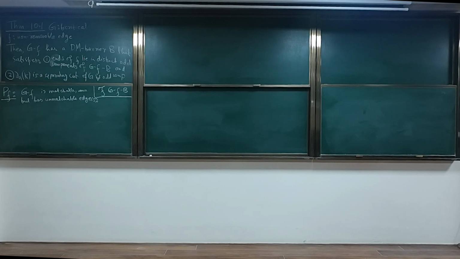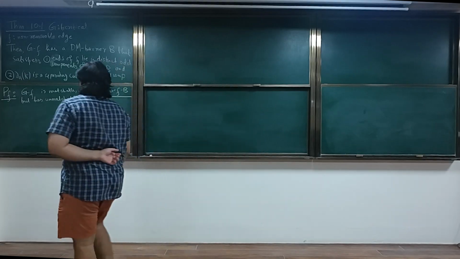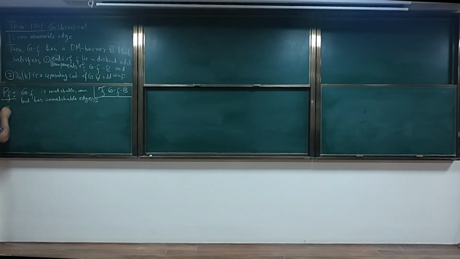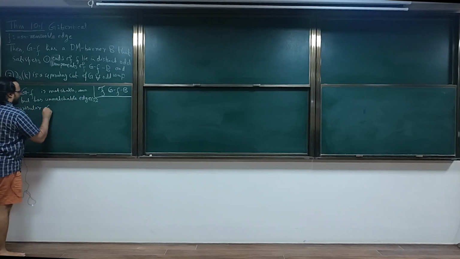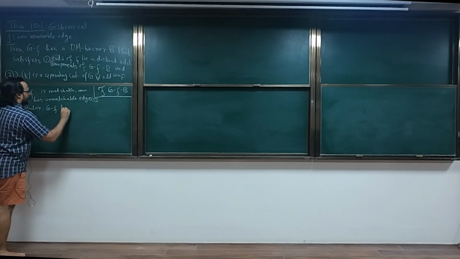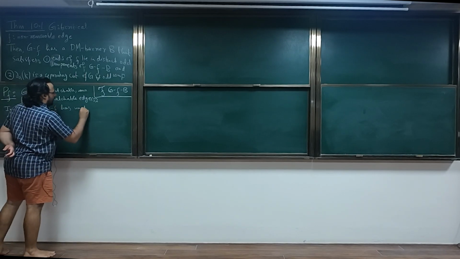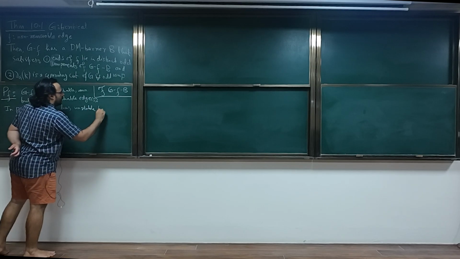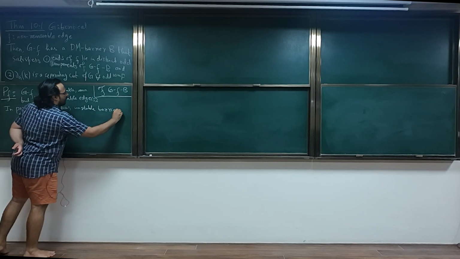Yeah, I'm just going to call them unstable, why not? In particular, G minus F has unstable barriers.